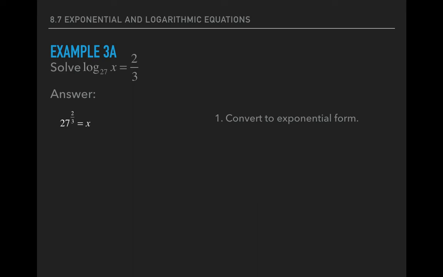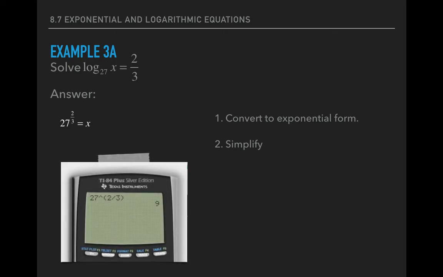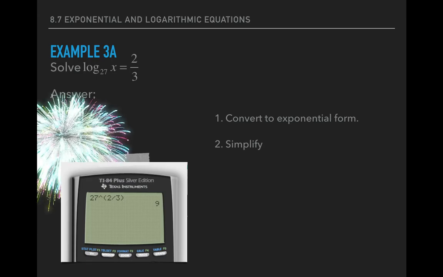You guys know that one. And so pretty straightforward here. You can just use your calculator, take 27, raise it to the 2/3, make sure that that is in parentheses, otherwise your calculator might not interpret that correctly, and it is 9.